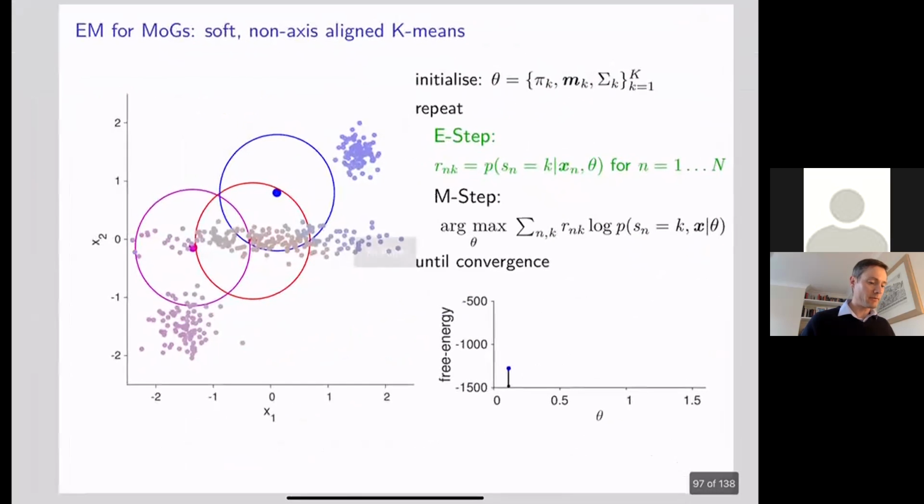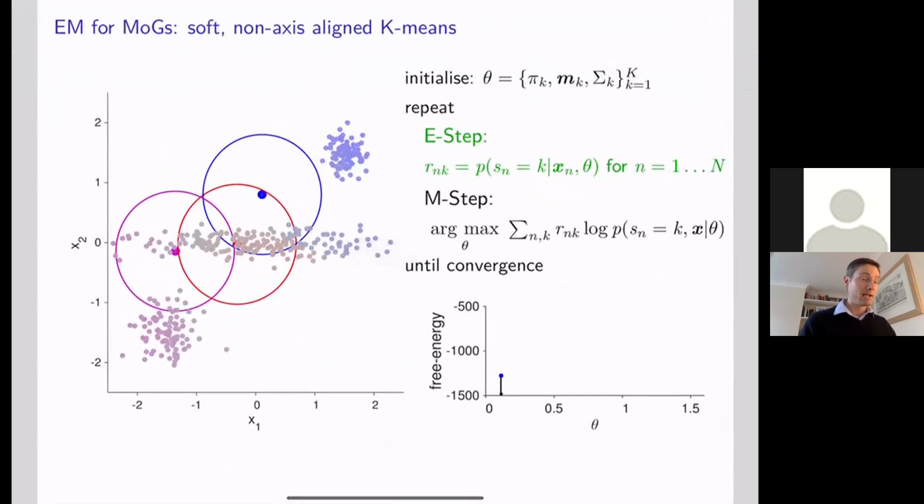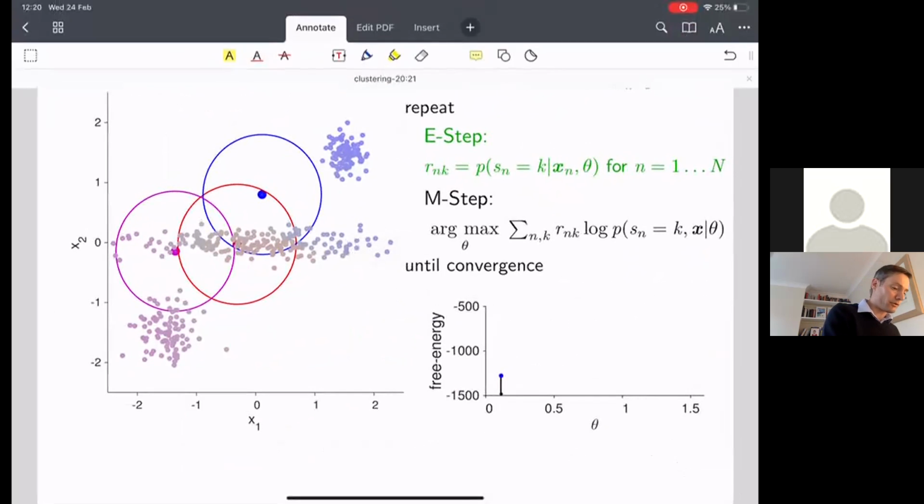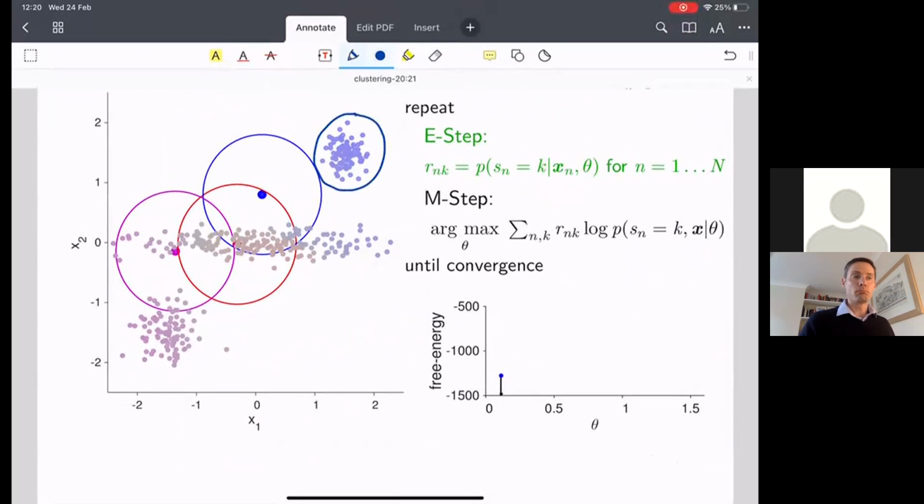To begin with, we're going to start everything with an E step. And you can see at the end of an E step, for the responsibilities of these data points up here, it is more likely that they come from this blue cluster, and so they get tinged blue. Similarly, these ones down here are more likely to come from the magenta cluster, so they get tinged magenta. We're not absolutely confident at the minute, so they're not brightly colored.